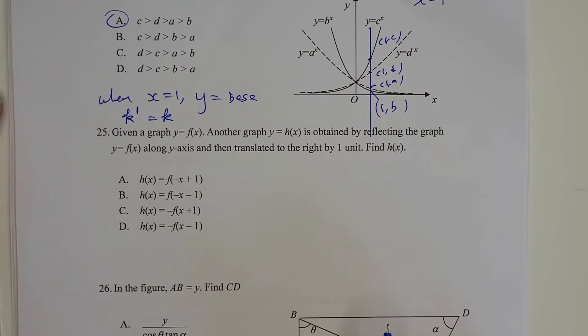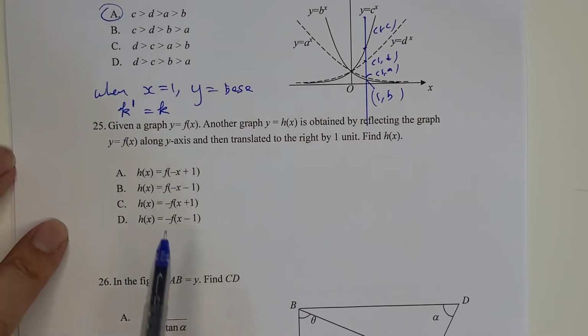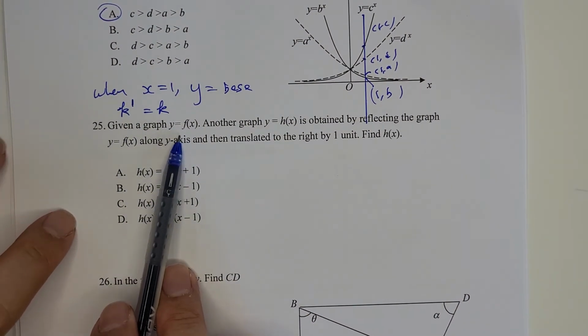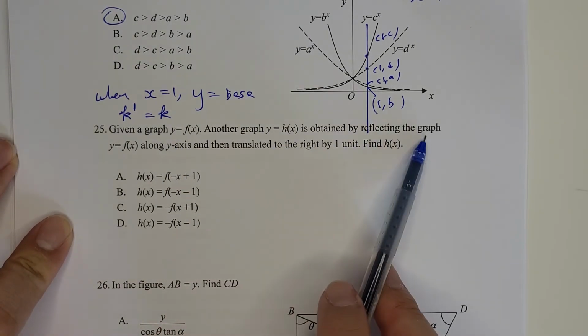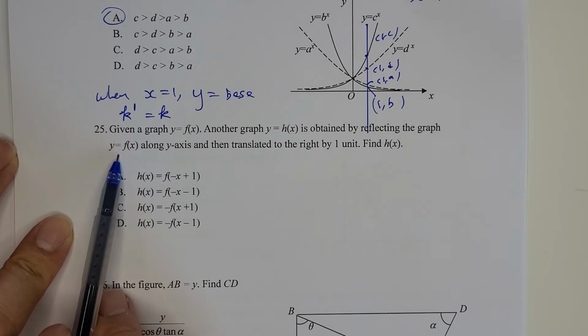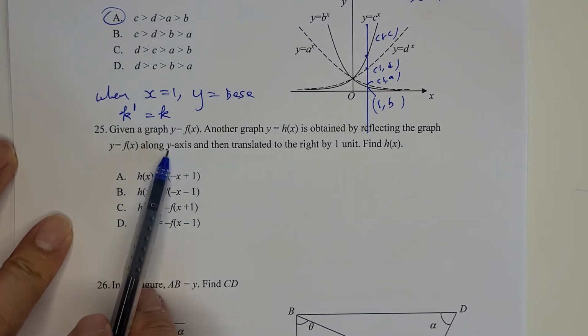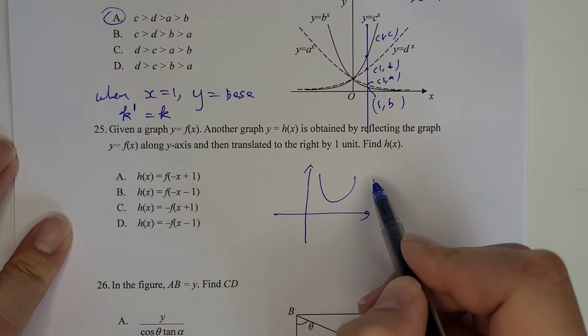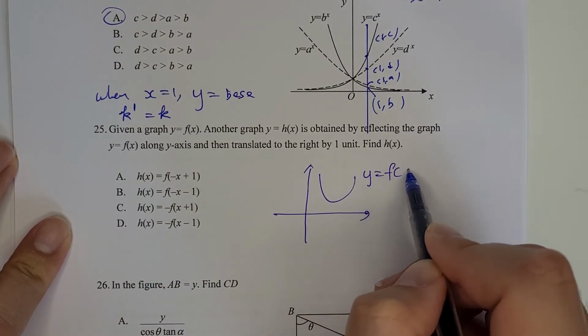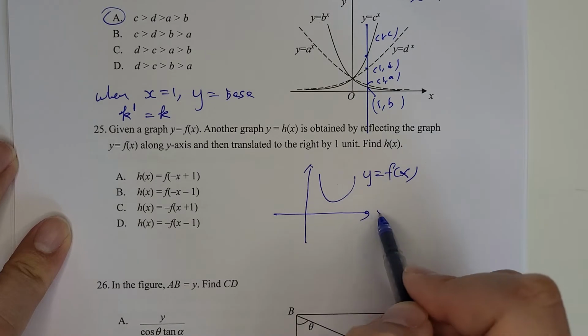Given a graph y equals f(x), and another graph y equals h(x) is obtained by reflecting the graph y equals f(x) along the y-axis. And remember, when you reflect the graph along the y-axis, this means left and right are inverted.